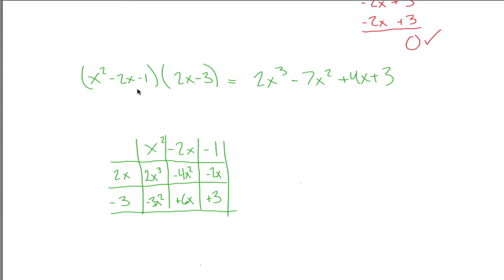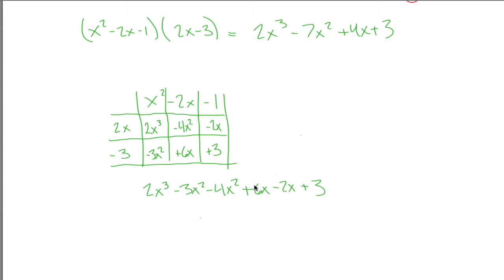So what I'm saying is this times this is equal to whatever I have on the inside of these boxes here. Well, what I have is 2x cubed minus 3x squared minus 4x squared plus 6x minus 2x plus 3. I just copied down all 6 of these things. And now if we combine like terms, I only have the one cubed term, but I have 2 squared terms. I have negative 3 of these x squareds minus 4 more of these x squareds.